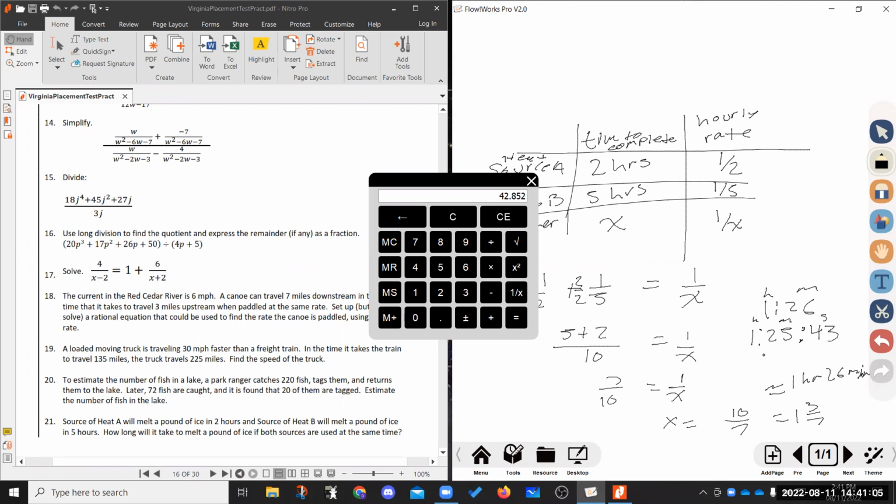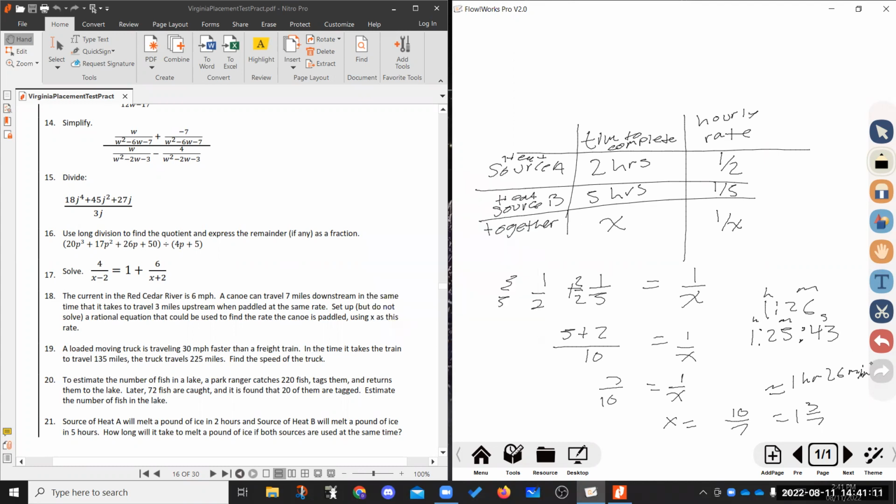That's a very close estimate if we say 1:26:40 or 1:25:43. And that would be something that people could compare to these hours and say, yeah, it got done faster, both of them working together, than either of them getting done individually. I can see that, but it wasn't significantly faster than this one that was 2 hours that was slow. This 5 hours didn't really speed it up as much as probably we thought it would at first.